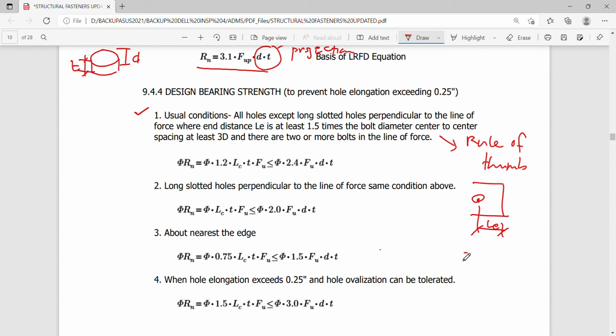And of course the spacing S is defined as the center to center distance from one bolt hole to the other. The rule of thumb is that LE is at least 1.5 times the bolt diameter, and S is simply equal to 3 times the bolt diameter.